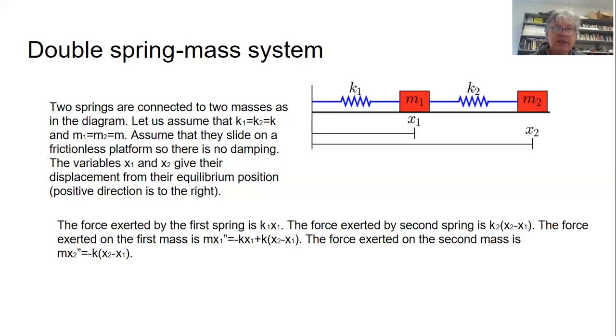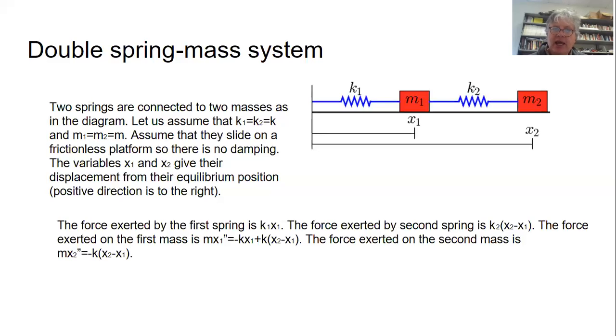So we've got 2 springs connected to 2 masses, as in the diagram. I'm going to assume that the spring constants are the same, just call that k, that the masses are the same, call that m. Let's have no damping, so it's a frictionless surface.